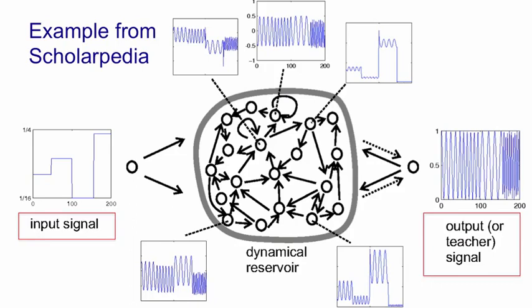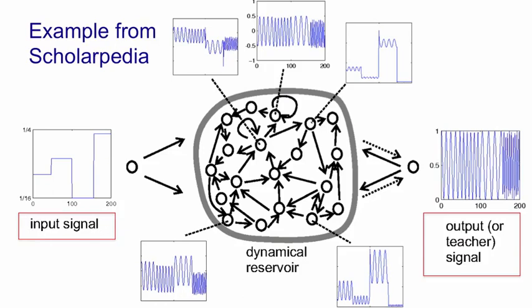And the stuff in the middle is a big dynamical reservoir, so the inputs coming from the input signal drive those loosely coupled oscillators and cause complicated dynamics that goes on for a long time. And those output weights are learning to map that complicated dynamics to the particular dynamics you want for the output. All the other pictures are showing you the actual dynamics of individual units inside the dynamical reservoir.